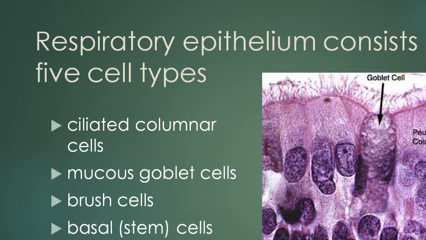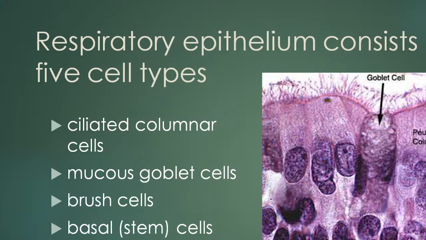In deep parts of the respiratory tract, we can find more brush cells. Brush cells have numerous microvilli on their apical surface, but they are shorter than cilia.